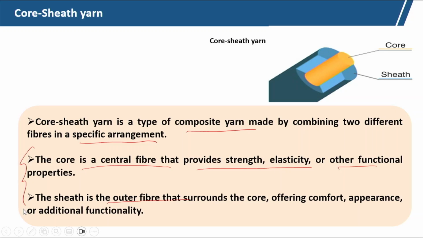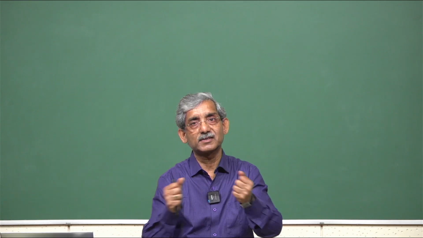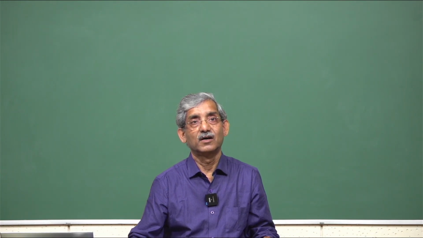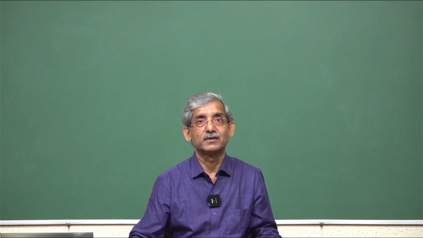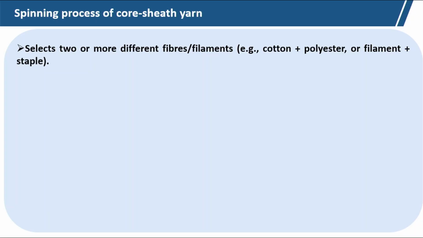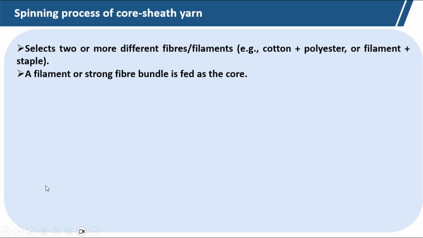For core fibers or filaments we use them for elasticity and other strength or different special properties. Spinning process: two or more different fibers or filaments, cotton, polyester, filament, staple. A filament or strong fiber bundle is fed as a core.